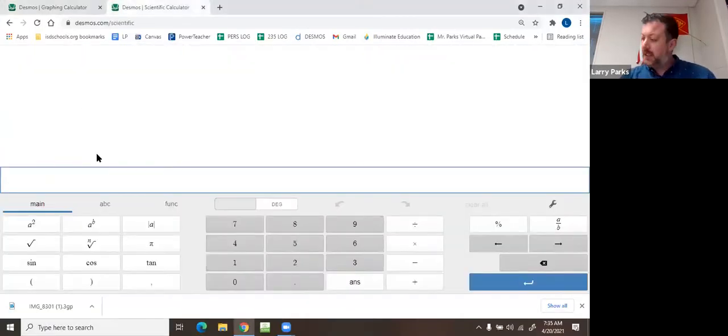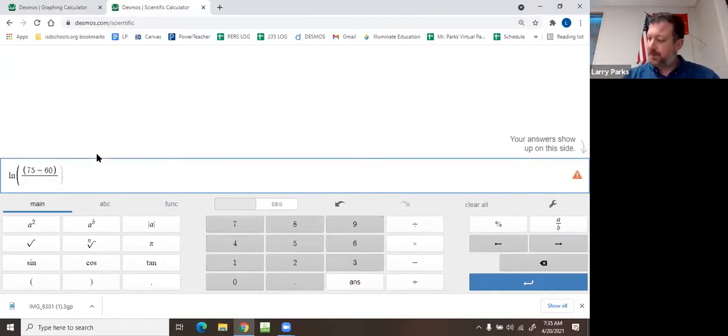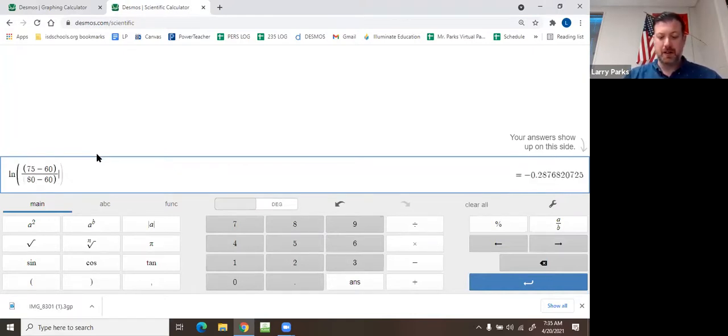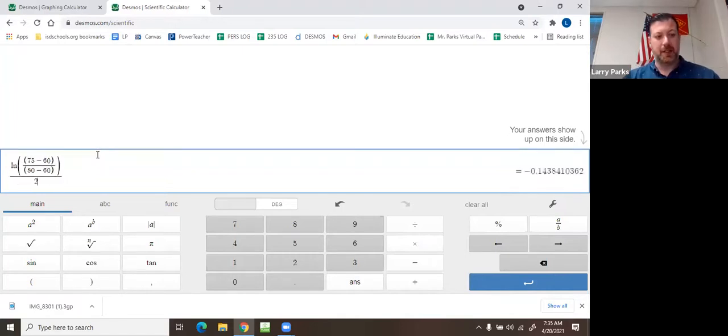Scientific, most likely. And so I got natural log of 75 minus 60 divided by 80 minus 60. Close it all off, divided by 2. And notice my K value is approximately negative 0.1438.